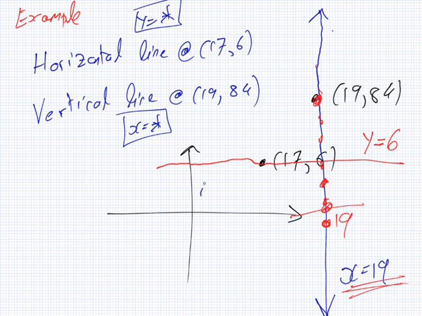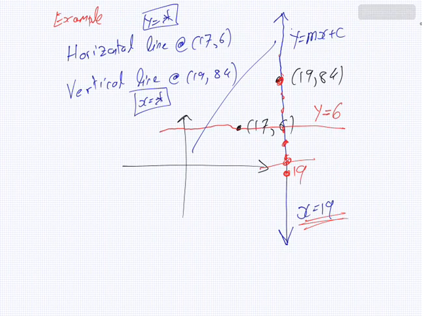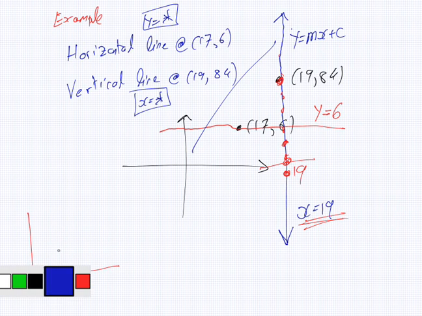And if it's in between, it's y equals mx plus c. Okay, so I think that point is worth saying again. So if I have a line like this, what's the equation of it? I use a different colour.